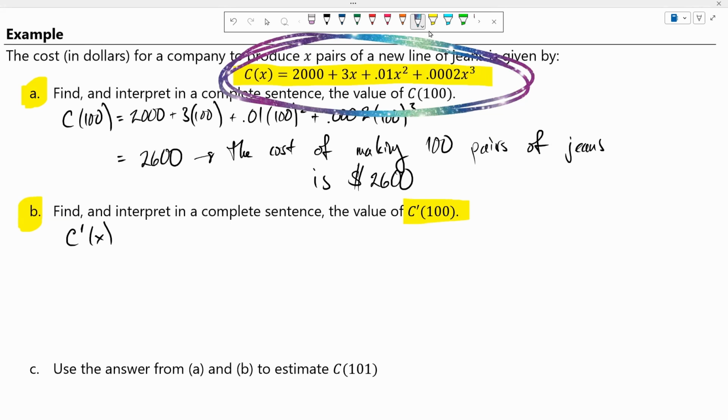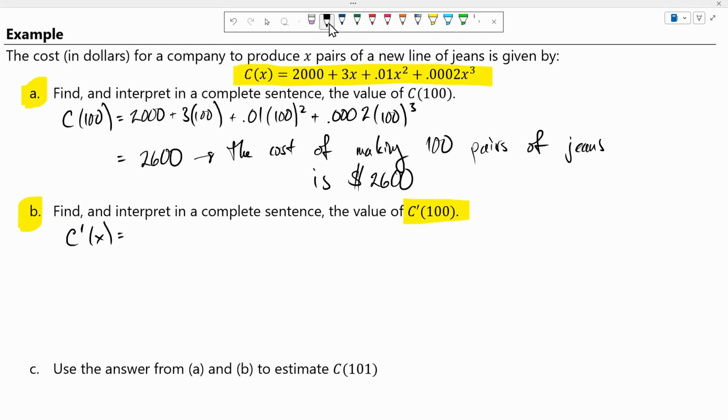The derivative of that is going to be the derivative of 2,000, that's 0, plus the derivative of 3x, that's 3, plus the derivative of 0.01 x squared, that's going to be 0.02 x, plus the derivative of 0.0002 x cubed, 0.0006 x squared. Bam. So that's our derivative, right?